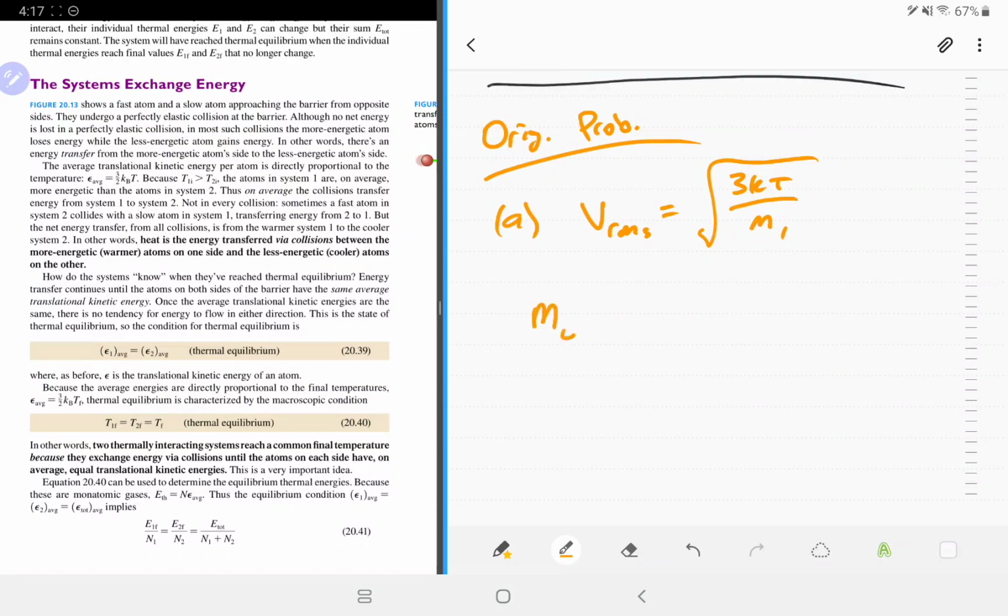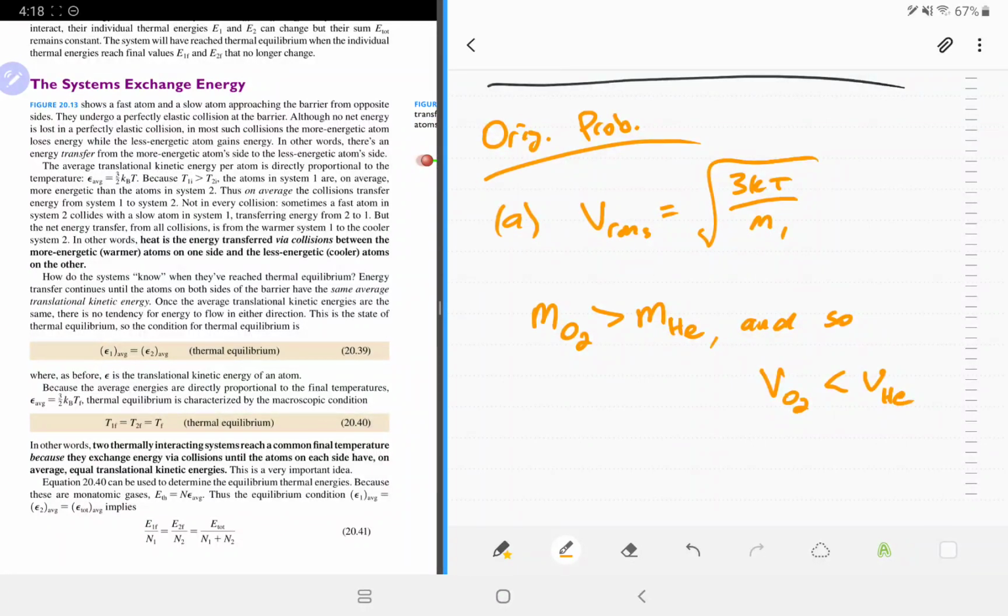So maybe I should write it this way. The mass of one molecule of O2 is bigger than the mass of one atom of helium. And so at the same temperature, the one with the bigger mass has the smaller VRMS. And so VRMS for O2 is less than VRMS for He.